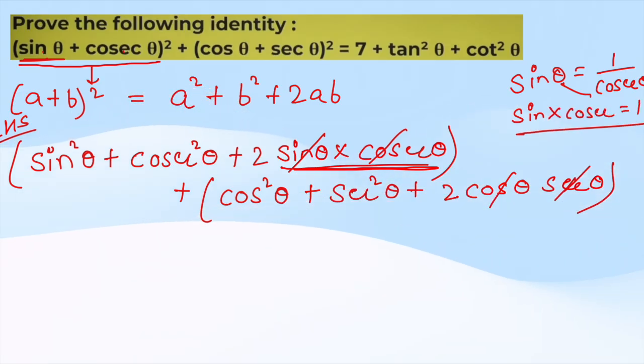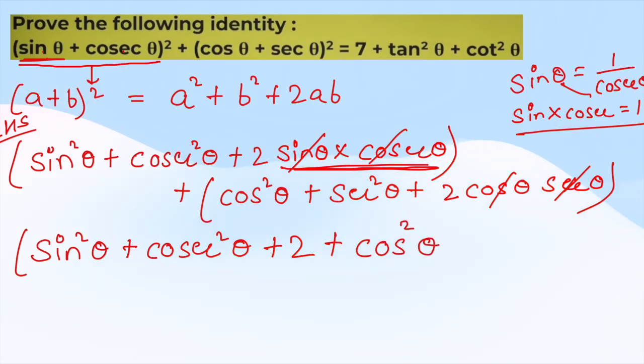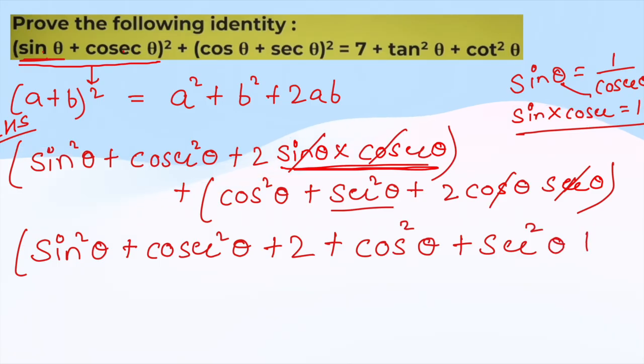So in place of this, I have put 1, right? Now what I'm getting is sine square theta plus cosec square theta plus 2 plus cos square theta plus sec square theta plus 2.